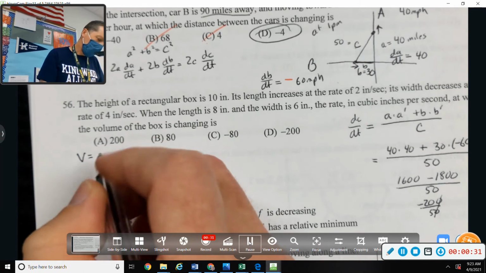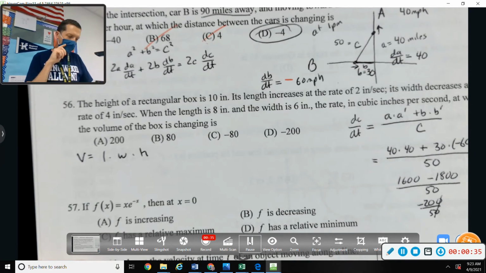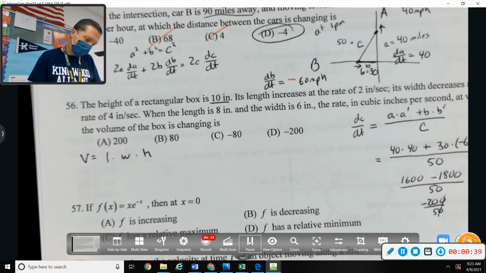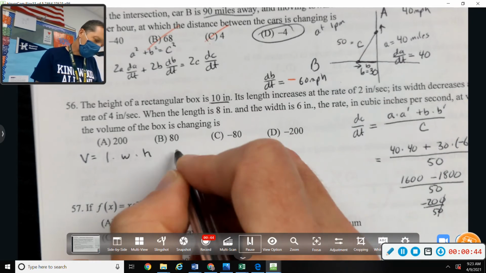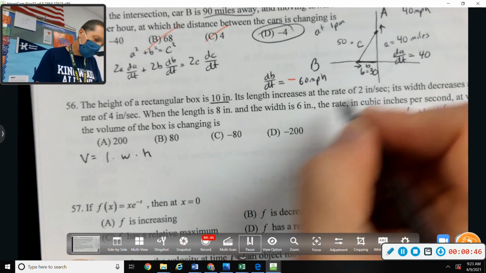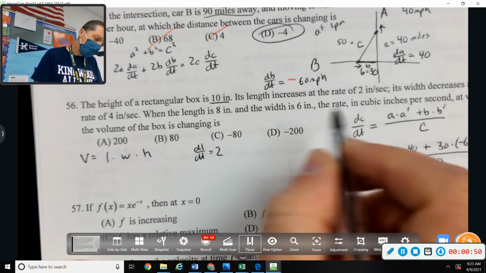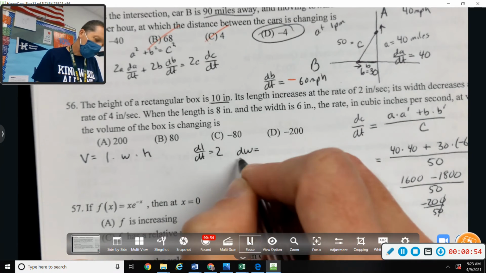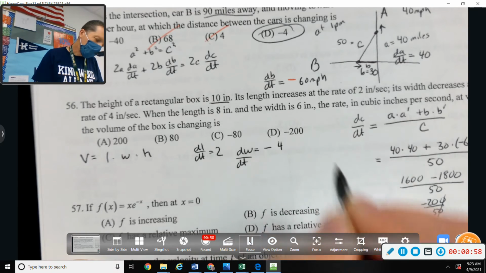Okay, so volume is length times width times height. It sounds like the height is set at 10. The length is increasing, so that means dL/dt is positive 2. Its width, dW/dt, is negative 4.